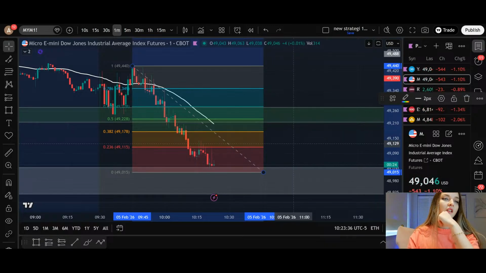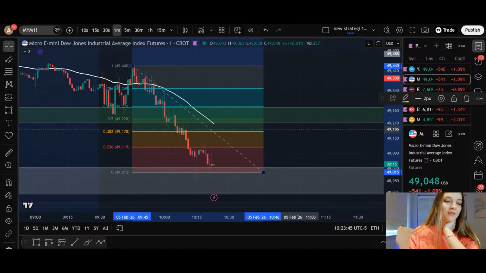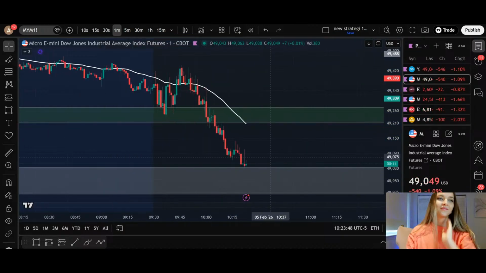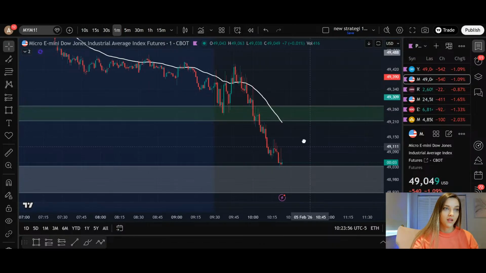It's the same thing, demand zone, my friend. Supply and demand, liquidity, it's just different names. People call it differently, but it is demand.